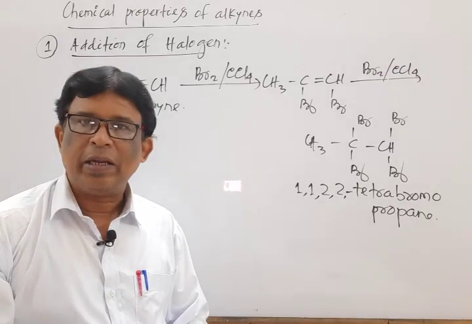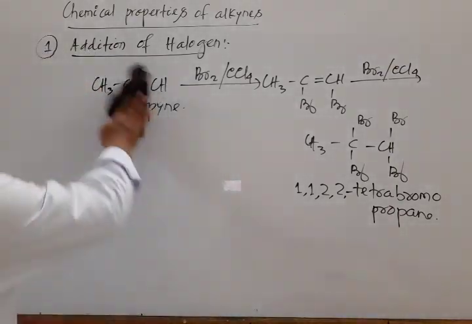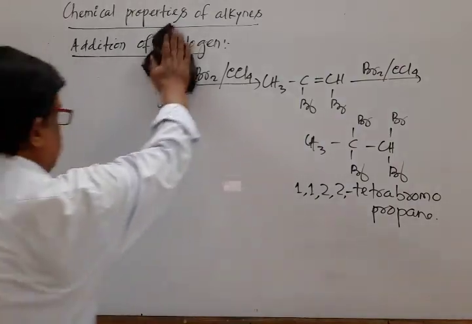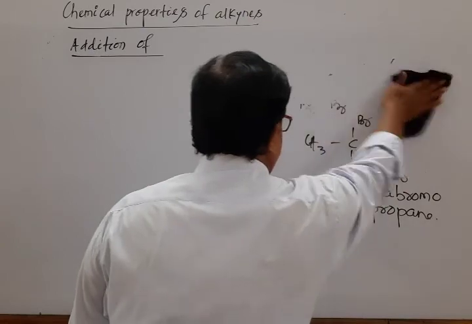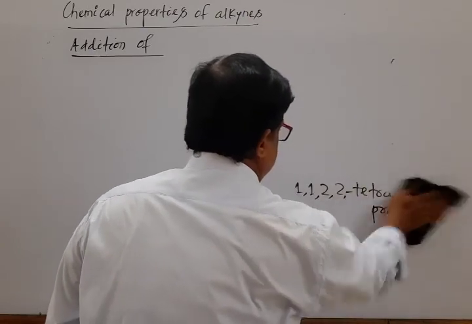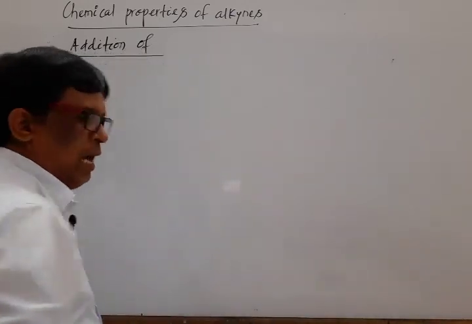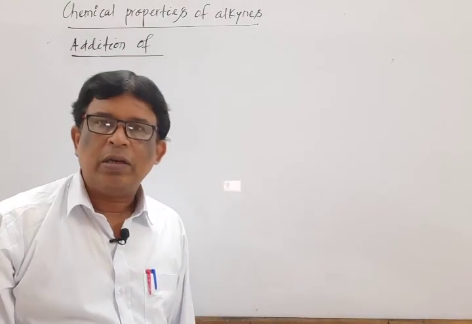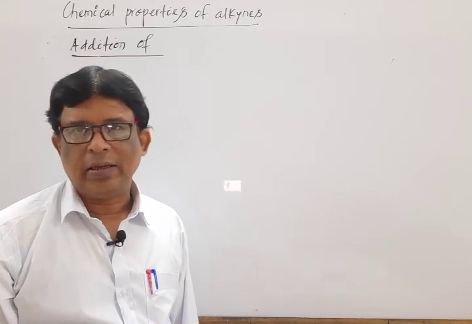Next chemical property, that is addition of halo acid. Second chemical property, addition of halo acid. Halo acid means symbolic representation is HX, so it comes under HF, HCl, HBr, HI.